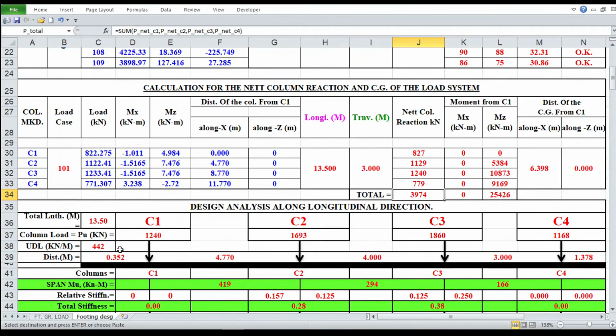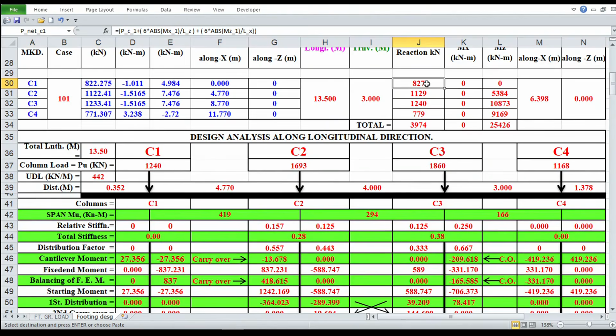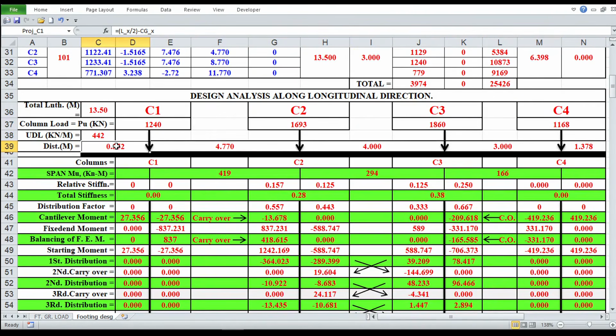Now total length 13.5 meters. Total UDL is equal to partial factor of safety, that is 1.5, into this load divided by Lx. This is column load, this load into partial factor of safety. Similarly for this and this. Cantilever projection is equal to Lx by 2 minus Cg distance.